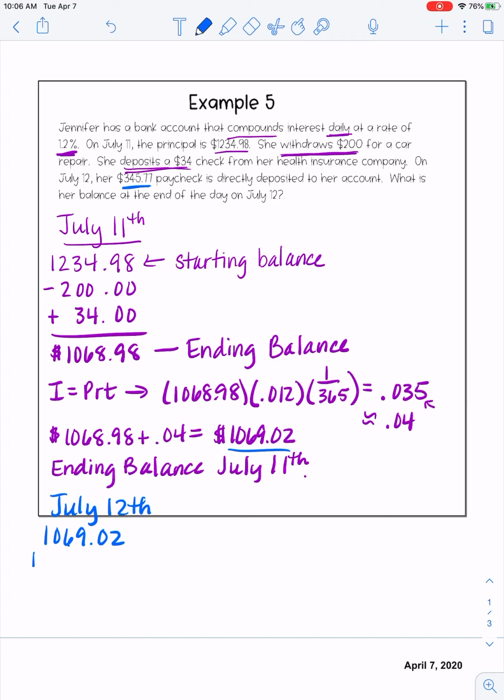So I'm adding that, 345.77. Did she do anything else? Nope, looks like she just deposited. So I'm going to add that to my balance. 1069.02 plus 345.77. So I get $1,414.79.